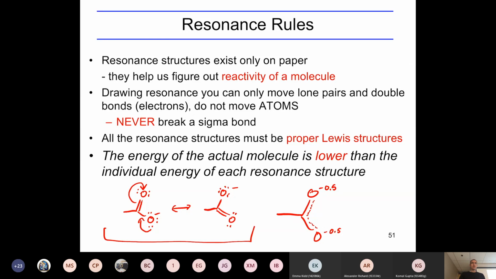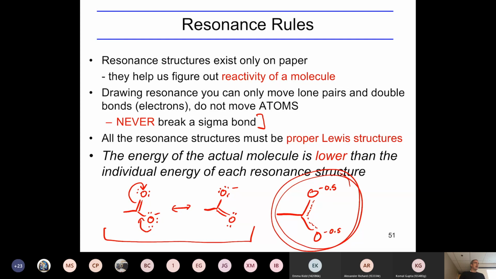When you're pushing electrons around to look for resonance structures, you can't break sigma bonds. Sigma bonds are single bonds, right? You can break pi bonds, but not sigma bonds. All of the resonance structures on their own must be proper Lewis structures, unlike this guy. That's not a proper Lewis structure.